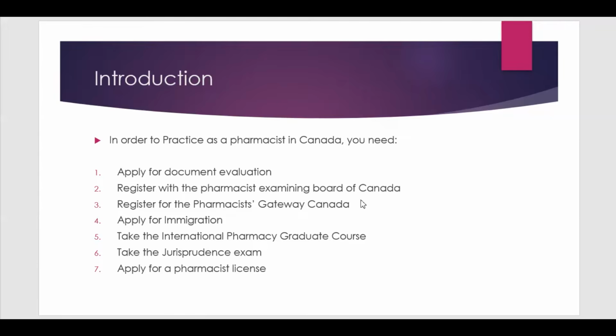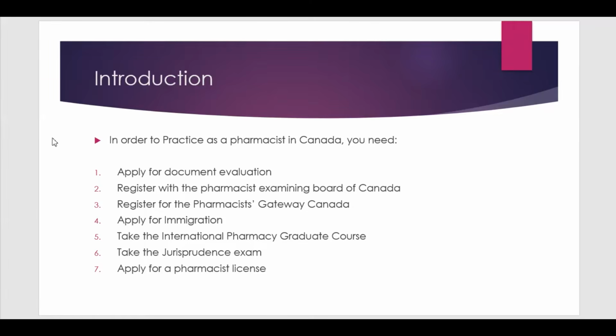The steps are: registering with the Pharmacy Examining Board of Canada, registering with the Pharmacist Gateway Canada, applying for immigration if you haven't already, taking the International Pharmacy Graduate course, taking the Jurisprudence exam, and then applying for a pharmacist license. And of course, registering with the Pharmacy Examining Board of Canada involves two other steps, which are number one, taking the evaluating exam, and number two, taking the qualifying exams.